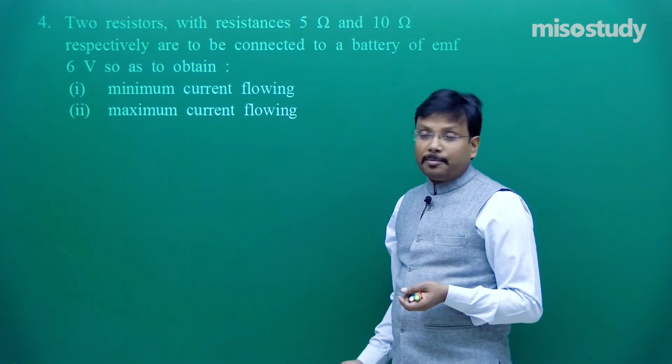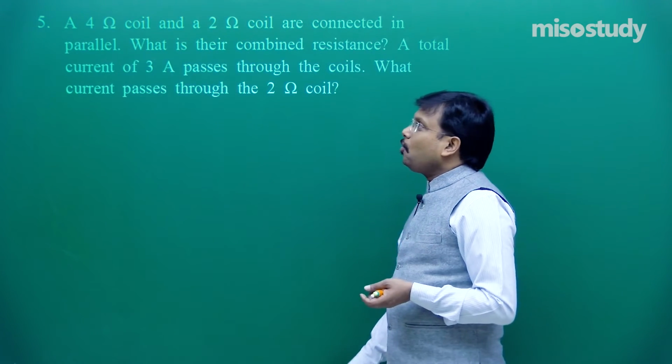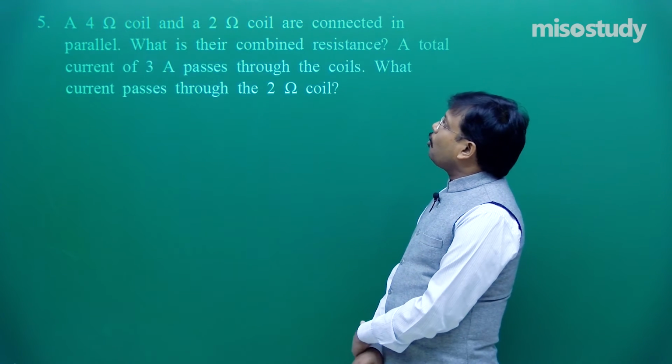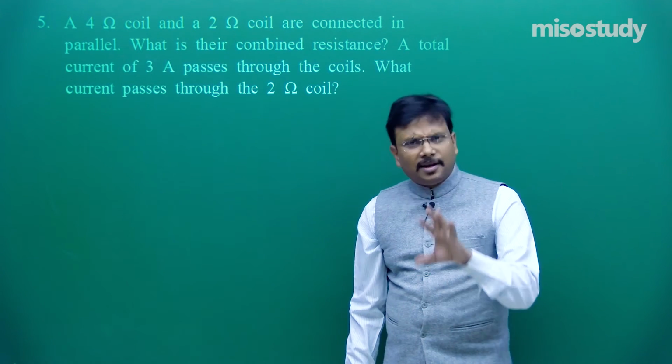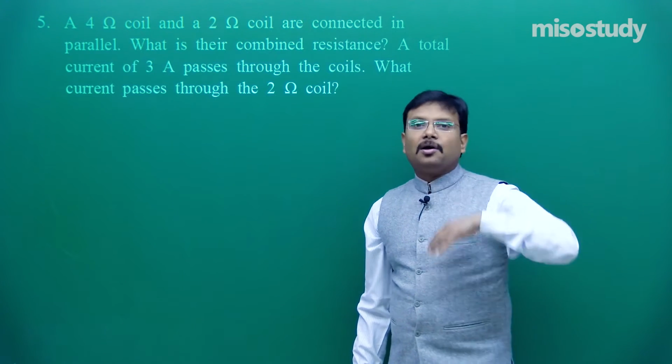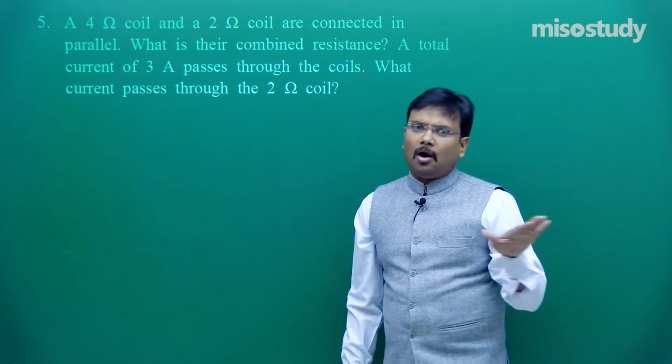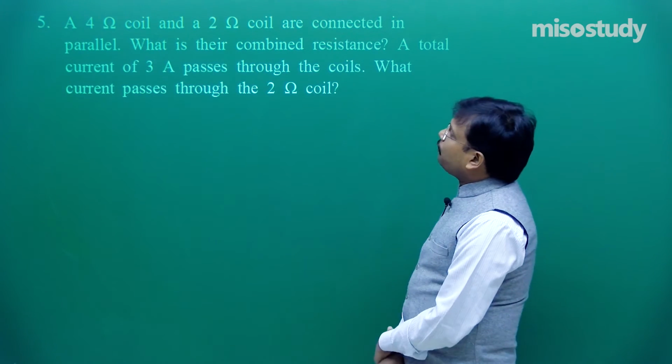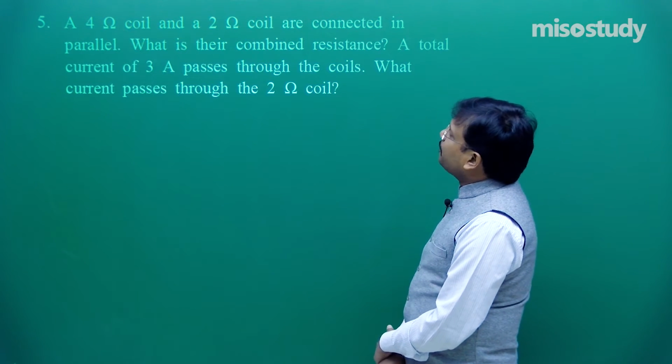Then comes question number 5. A 4 ohm coil and a 2 ohm coil are connected. Coil means resistances. You can give a name, coil, resistance, wire, conductor, they are all similar names, fine. So, 4 ohm, 2 ohm in parallel.